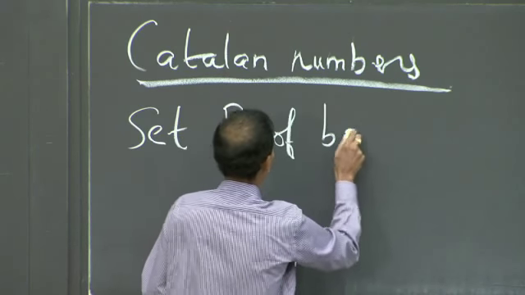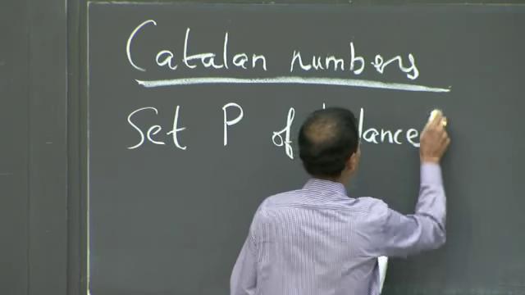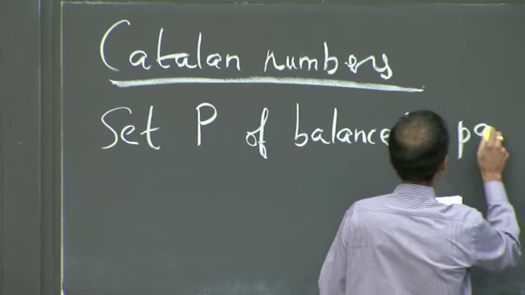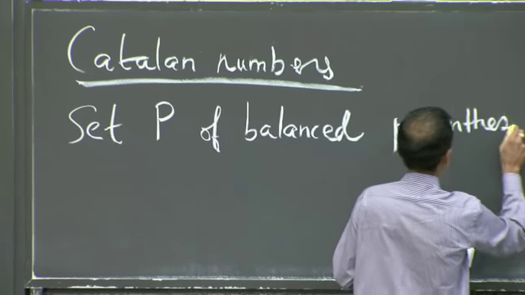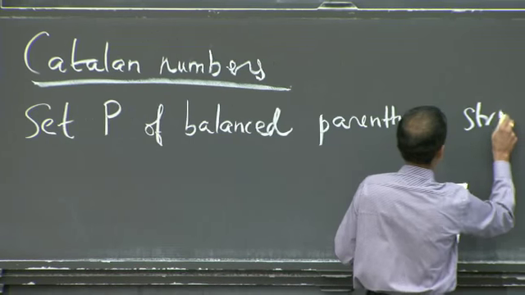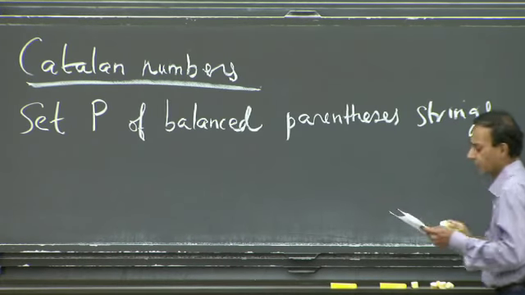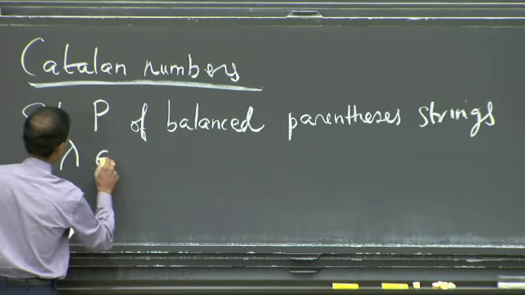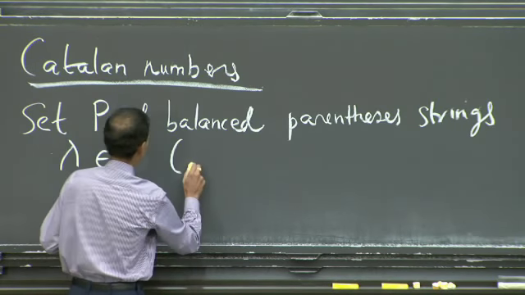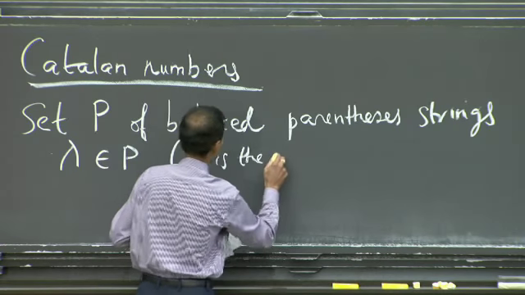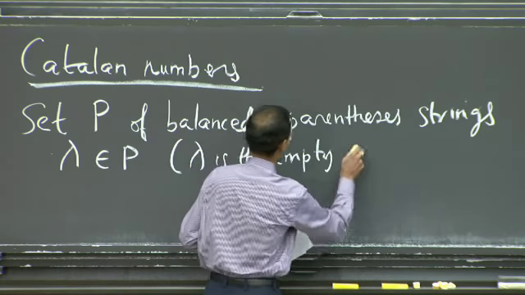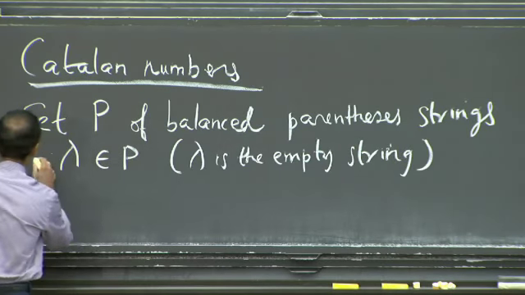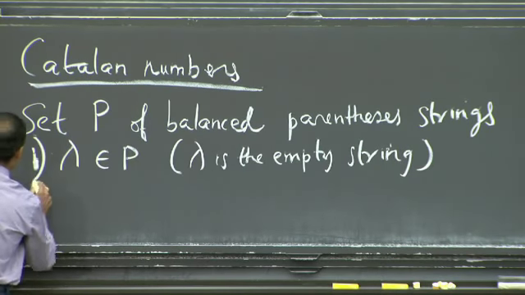So Catalan numbers have a recursive definition. You can think of them as representing the cardinality of the set P of balanced parentheses strings. And we're going to recursively define these strings as follows. We're going to have lambda belonging to P, where lambda is the empty string. That's rule 1.